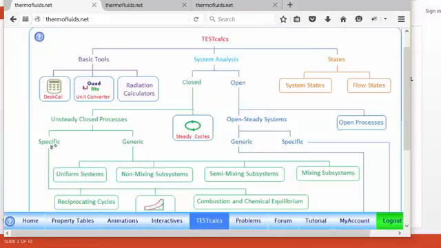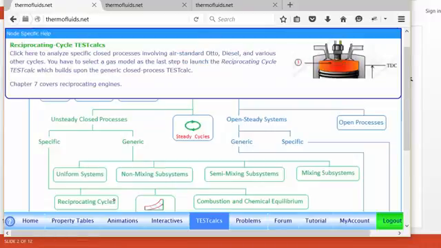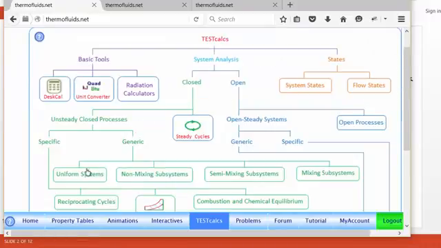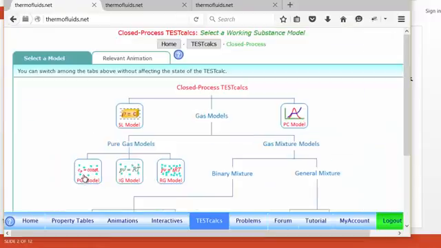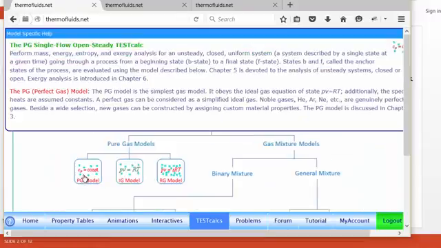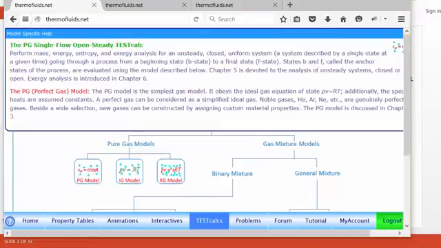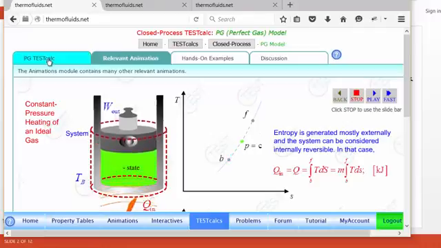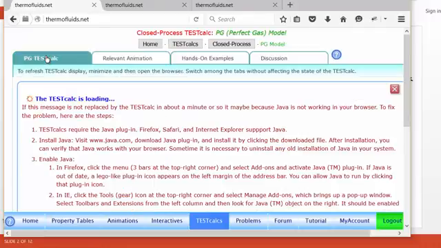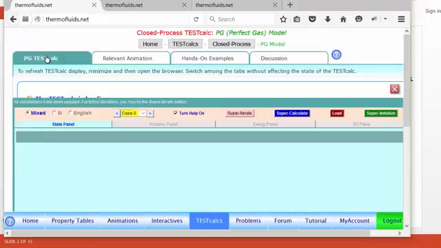The specific branch we'll only use for special situations, like when we solve IC engine problems, combustion, etc. Otherwise, you'll follow the generic branch, and it's a uniform system. Uniform system means a single state describes the beginning state or the final state. And finally, we click PG model to launch and select the PG TESTcalc tab to launch the TESTcalc.